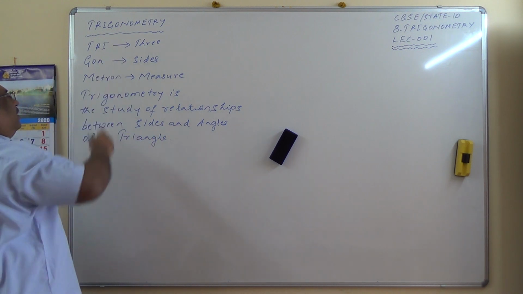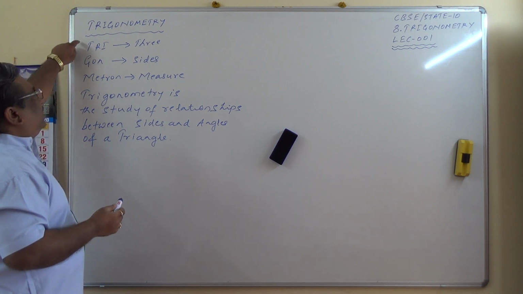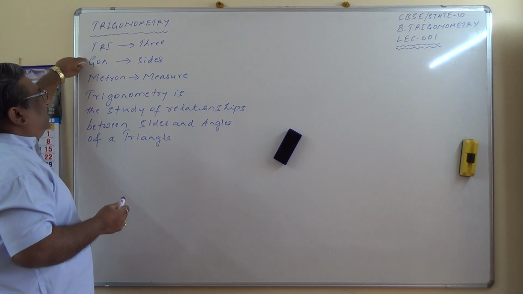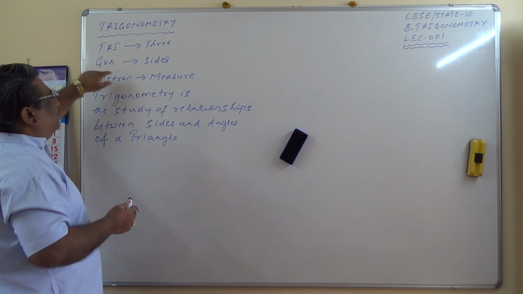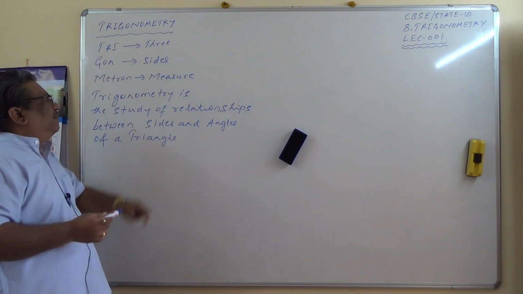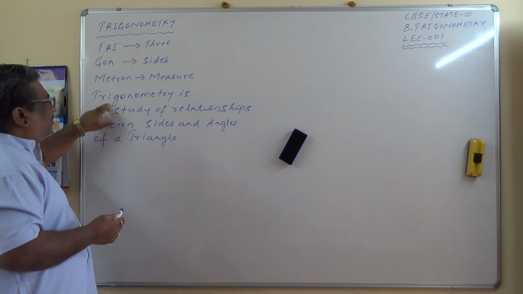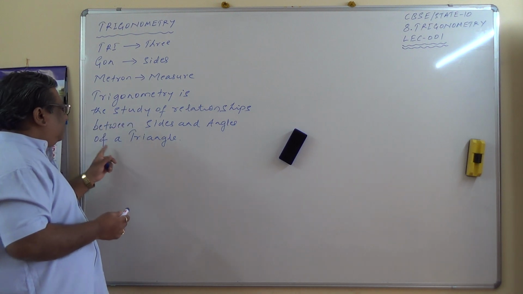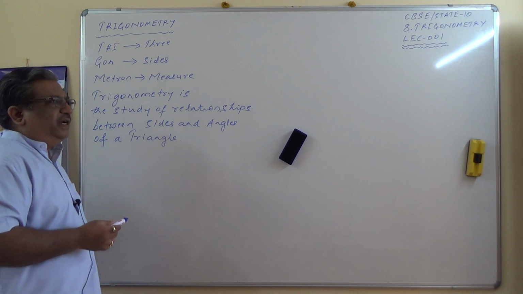So how has this word come into picture? Trigonometry is derived from Greek words. Tri means 3, gon means sides, and metron means measure. Measurement of 3 sides of a triangle is referred to as trigonometry. In fact, this is that branch of mathematics which deals with the study of relationships between the sides and angles of a triangle. That we need to keep in mind.